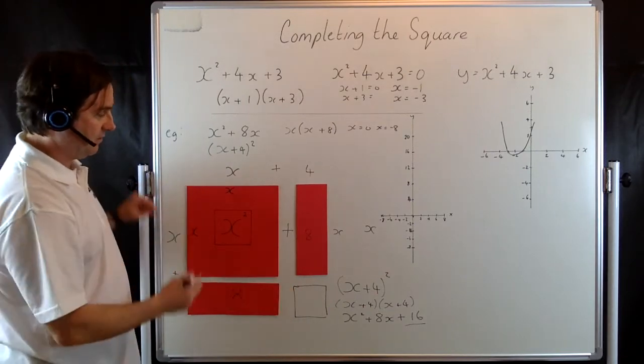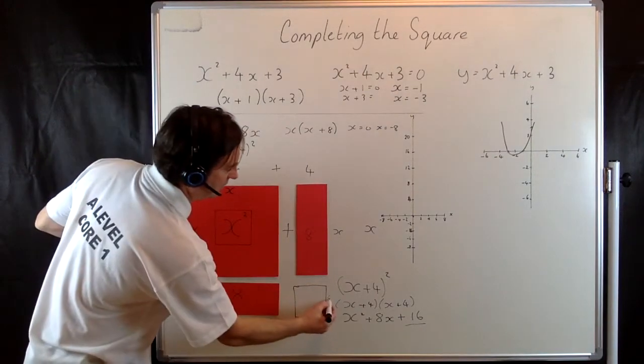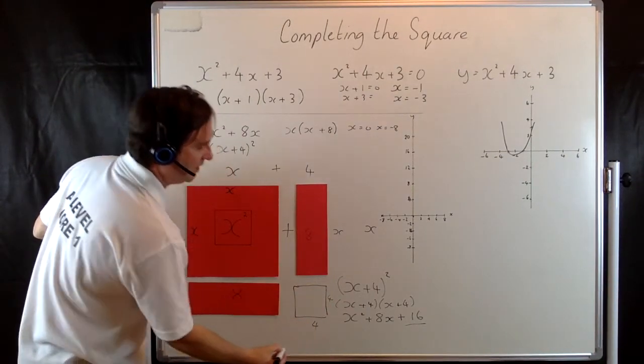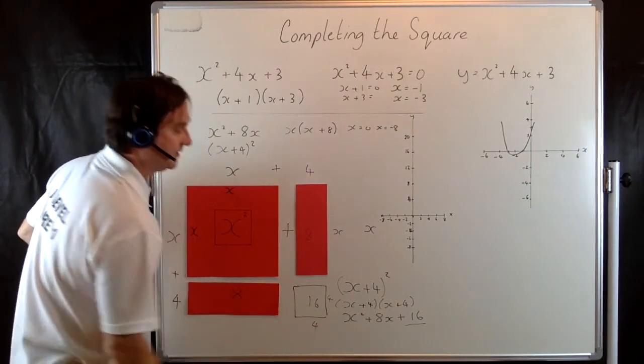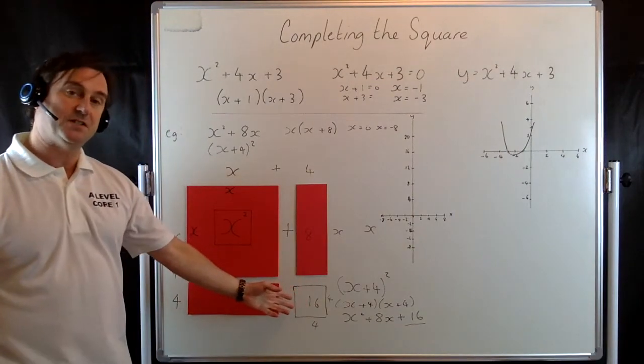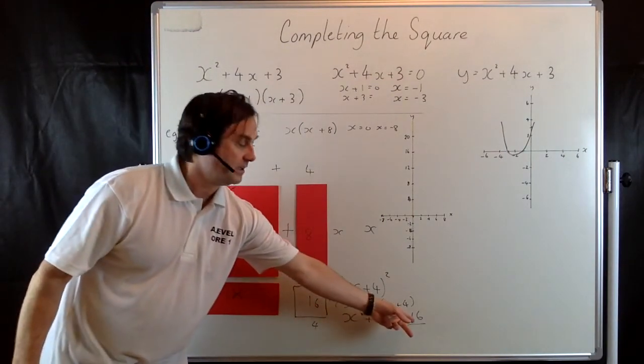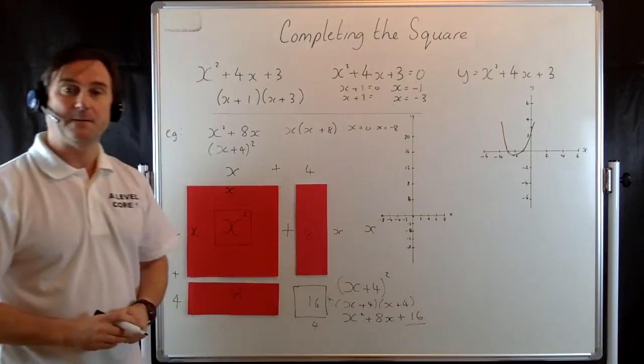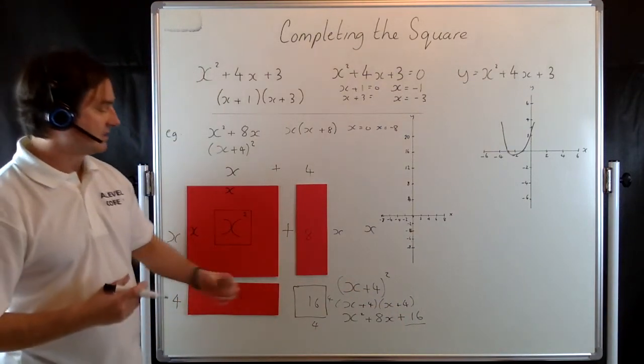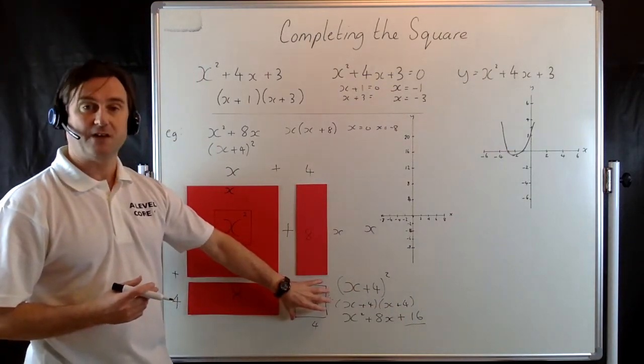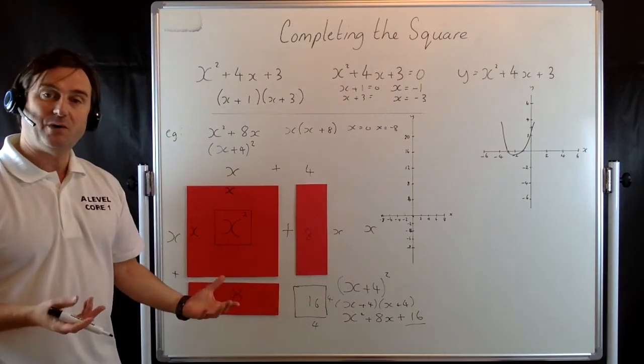That bit, if we have a look, has got to be 4 by 4, which gives me 16. This 16 is missing. This is the 16 that we've got here. So we've actually put on this square too much. So we need to take that away.